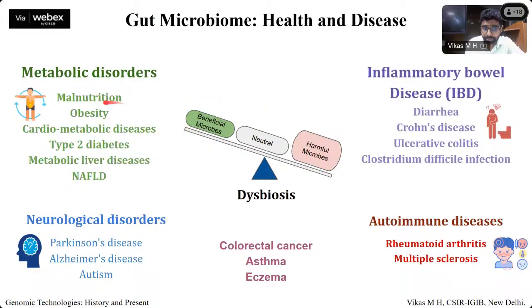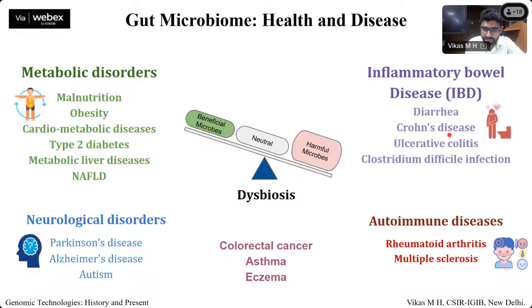So we don't know, but if we can tip this balance, maybe we'll be able to correct these particular disorders and come up with a non-invasive and easier solution to these disease conditions. And this has been medically done. It is already being employed in many of the IBD diseases, where diarrhea, Crohn's disease, C. difficile infections, where fecal microbiome transplantation is one of the most effective methods used.